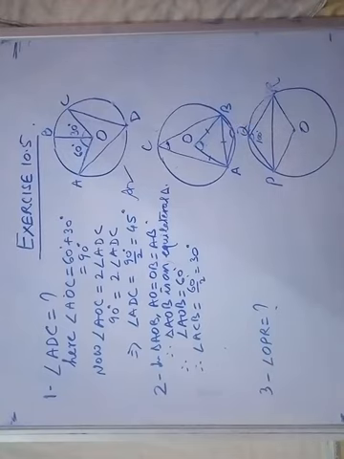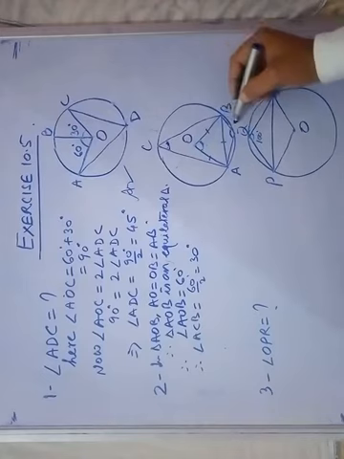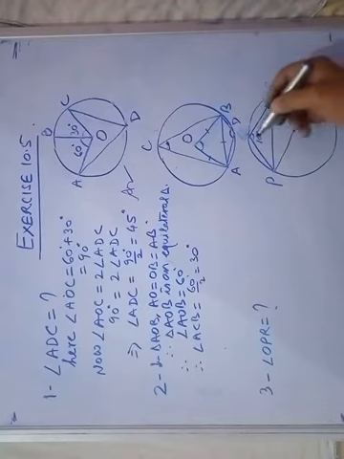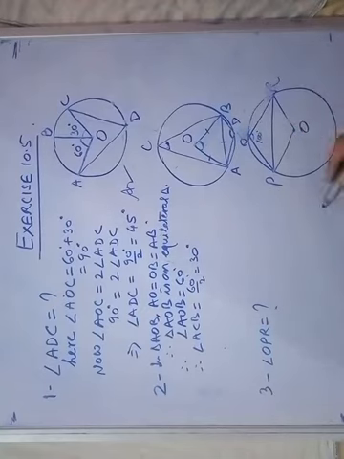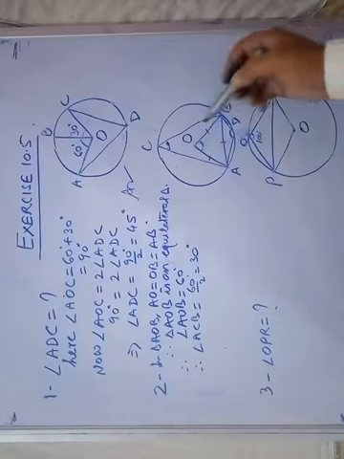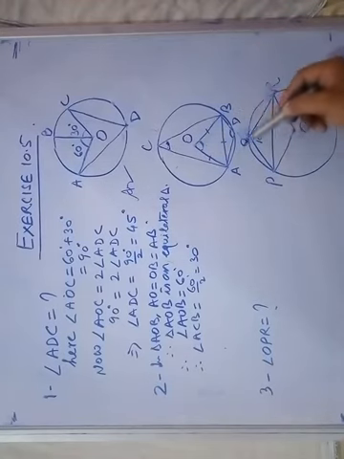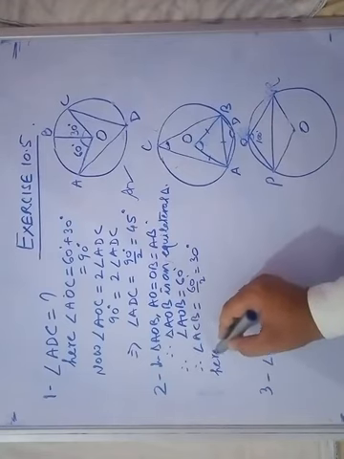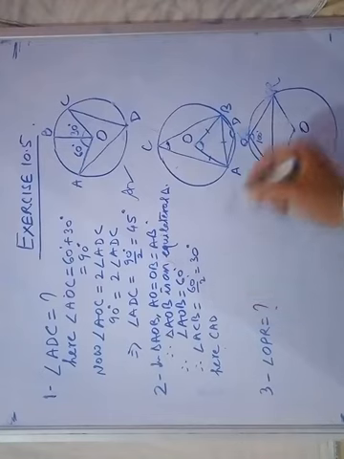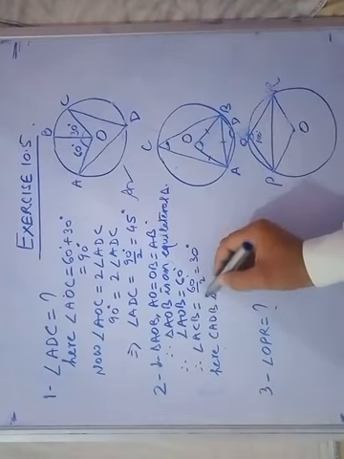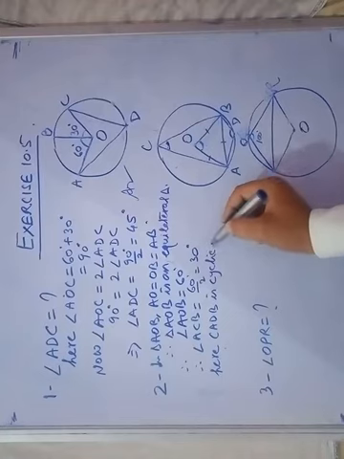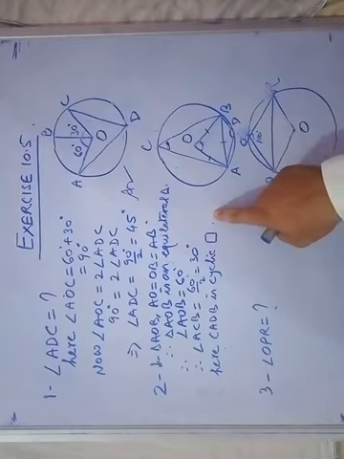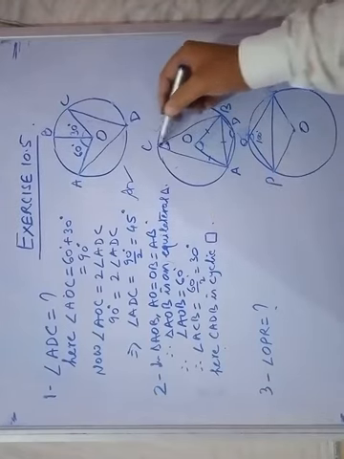Let this point be D. Now CADB is a cyclic quadrilateral, so the sum of opposite angles will be 180.